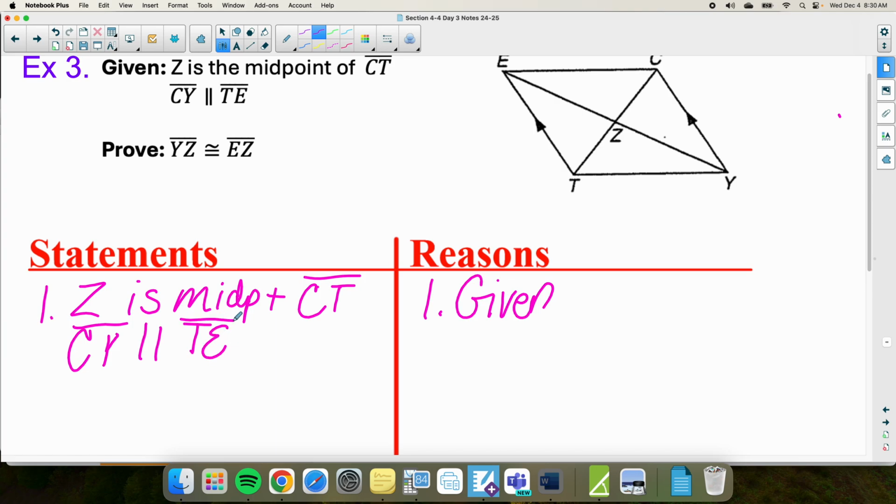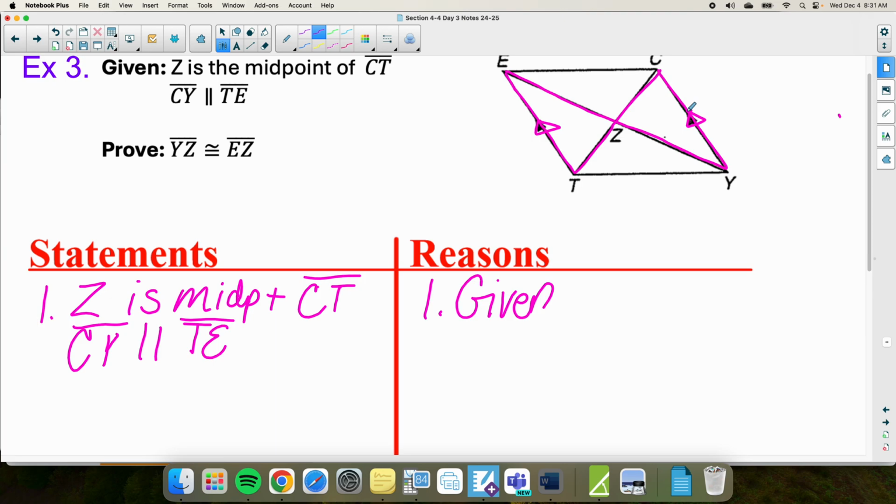This one is a little bit harder in that you're not sure if you're going to show that these 2 triangles are congruent or these 2. Because these 2 are our parallel lines, that tells me these are the 2 that I want to use, and basically you're forgetting about the other 2.